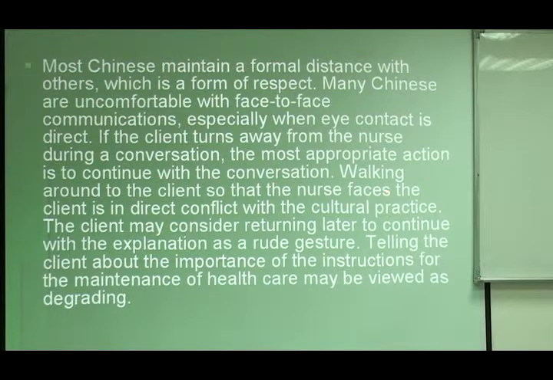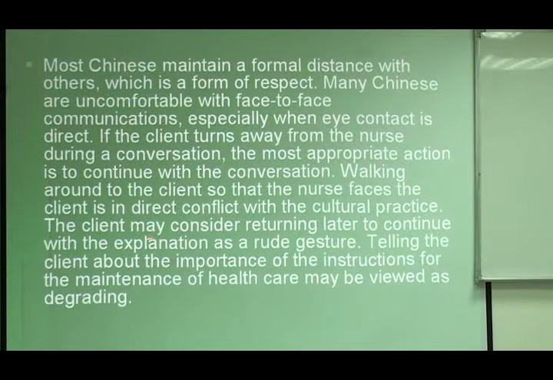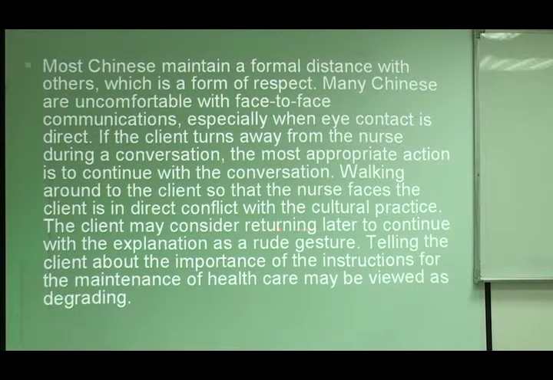Walking around the client so that the nurse faces the client is in direct conflict with the cultural practice. For example, I'm talking to you, you're looking there, and then I go here. Hey, listen to me. You don't do that, right? You don't face the patient. The client may consider returning later.